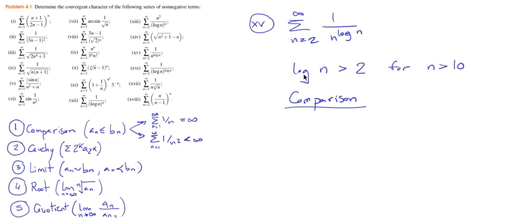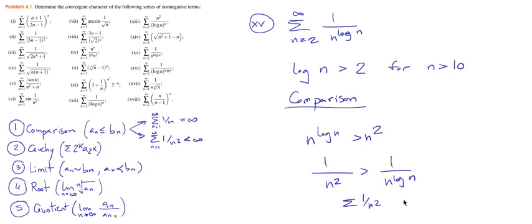Now if the logarithm of n is greater than 2, then n to the logarithm of n is greater than n squared, right? In other words, this means that 1 over n squared is greater than 1 over n to the logarithm of n. We know that the series of 1 over n squared is convergent. So because this term is bounding this term from above, we know that this series will be convergent as well. Okay, so this is an application of the comparison test.